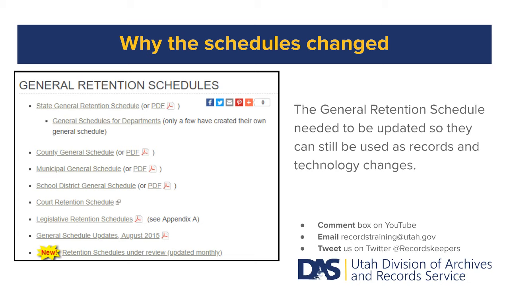There was not one for special service districts. They had categories listed underneath the municipal schedule, and there'd be duplicates in each one. So each of the 4 had financial schedules for accounts payable. They each had a personnel file general retention schedule.